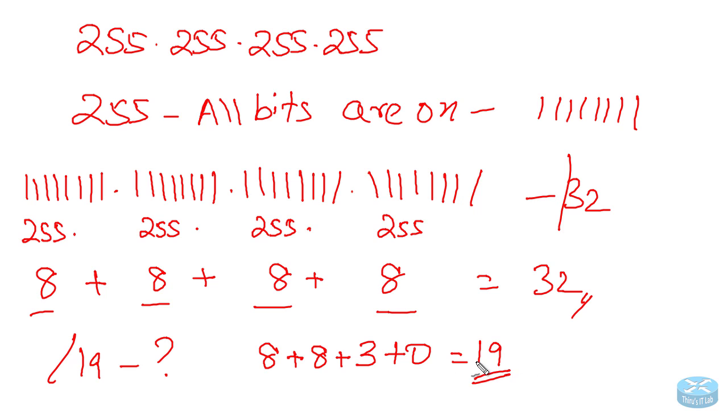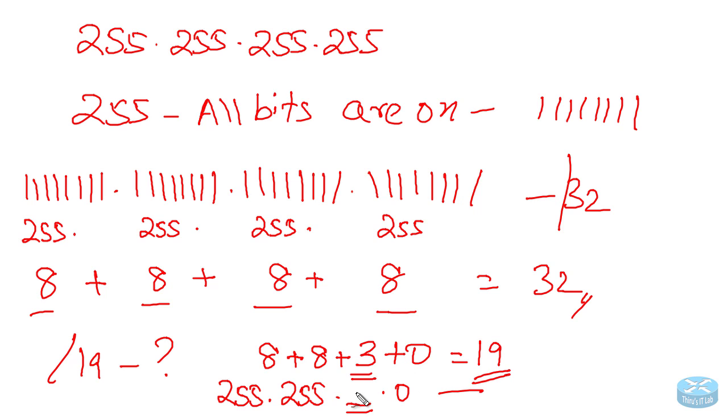But how do you convert that 19 bits to the mask value? If it's 8 bits on, it would be 255.255. But how do you calculate the rest? That's what we're going to look at today. And this is 0, so it would be 0.